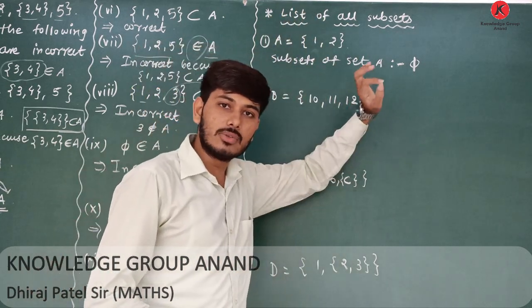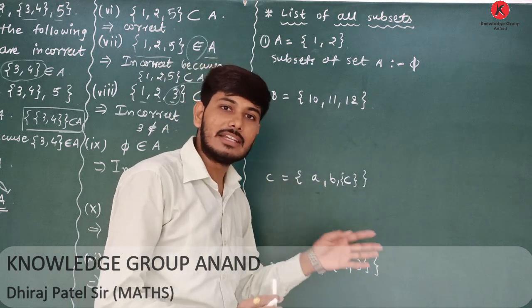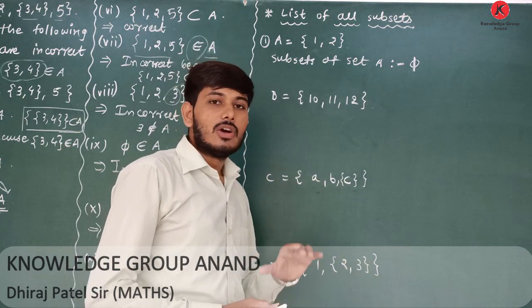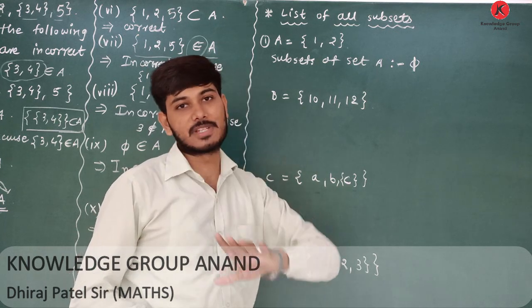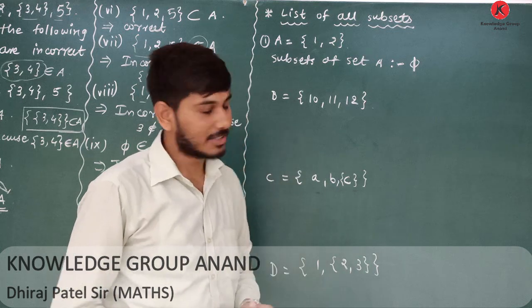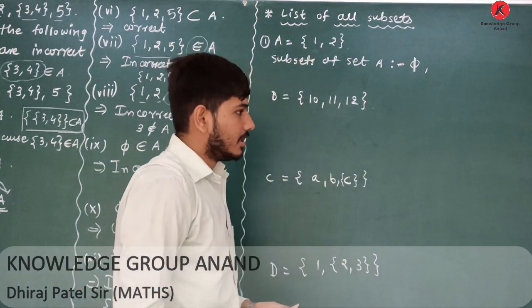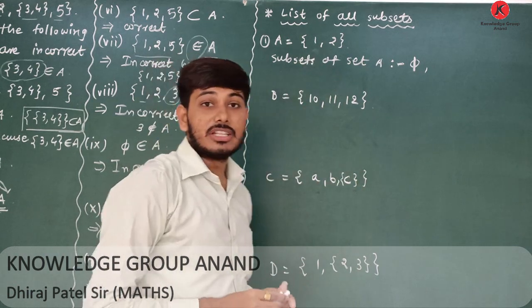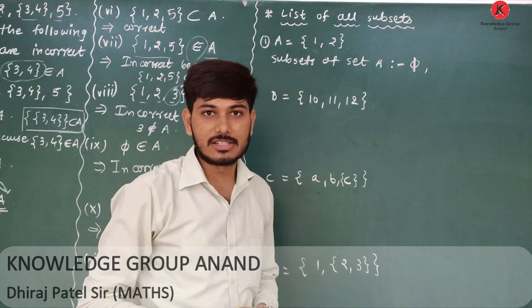This is always in the subsets of any set. Therefore, every set has at least one subset, which is the null set. Now, second, start with singleton sets, or sets with only one element.